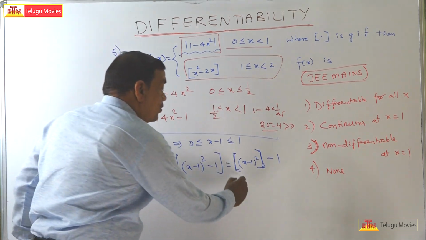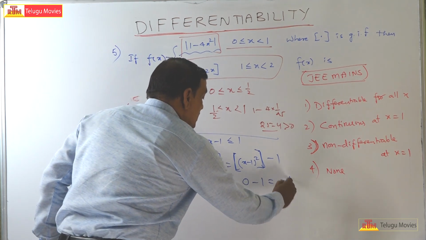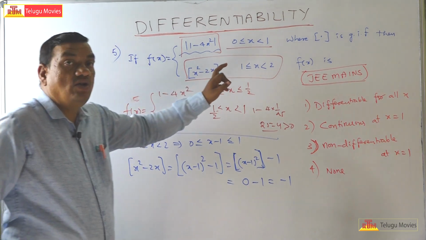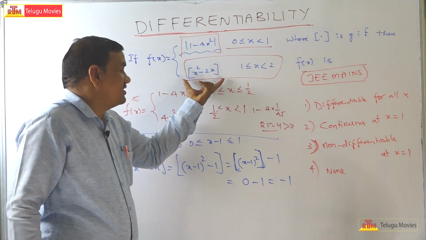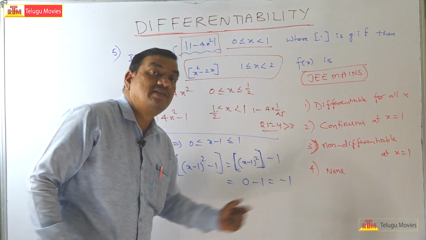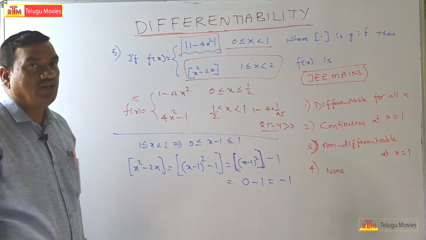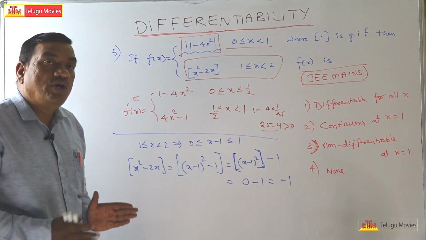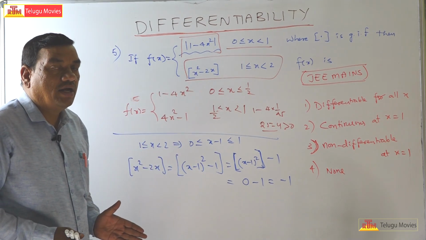That is 0. So 0 minus 1 is equal to −1. For whichever value lies between 1 and 2, the step of x² − 2x is equal to −1. Understand this?